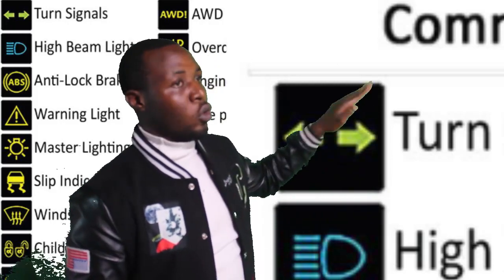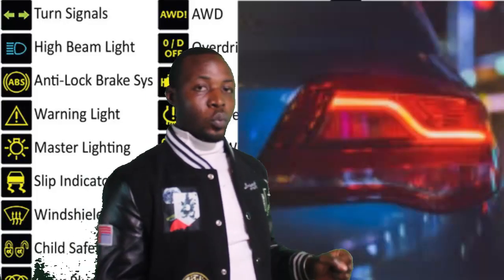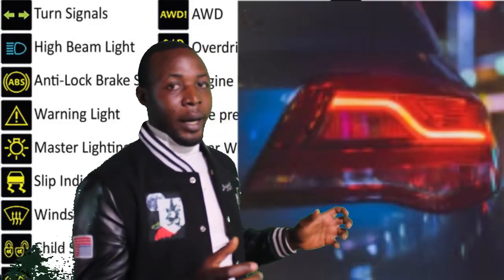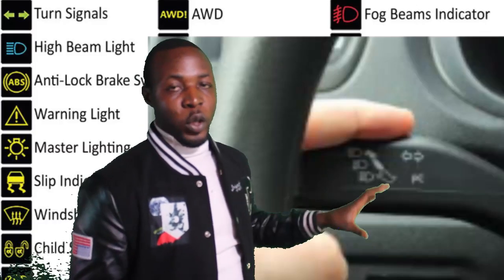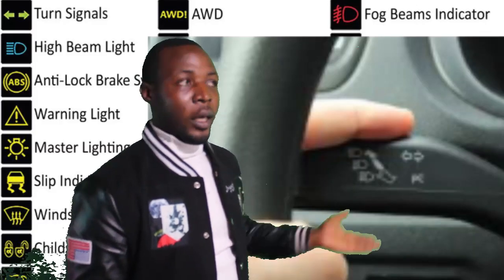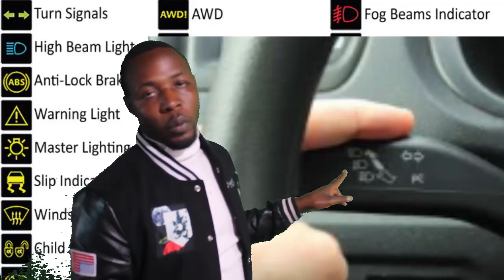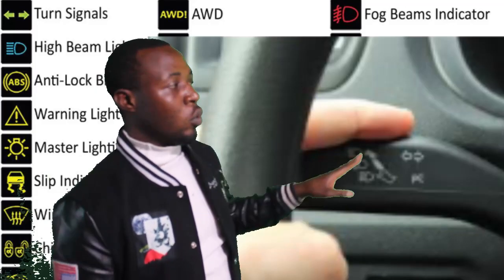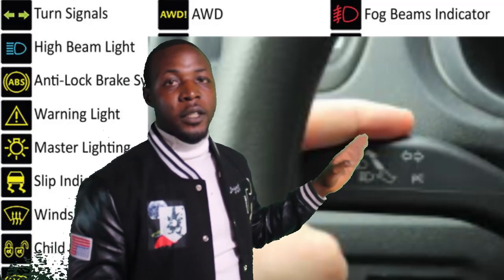It is always good to use your indication light. The switch of the light is always on your left hand. When you take it up, you are going to the right, and when you take it down, you are going to the left. So that is what we call the direction or indication light.